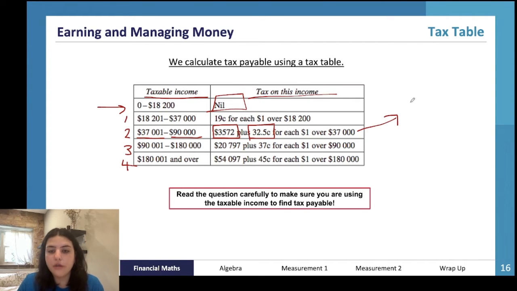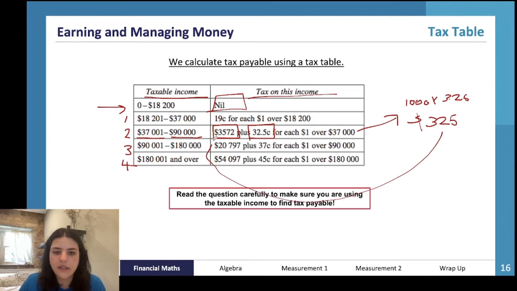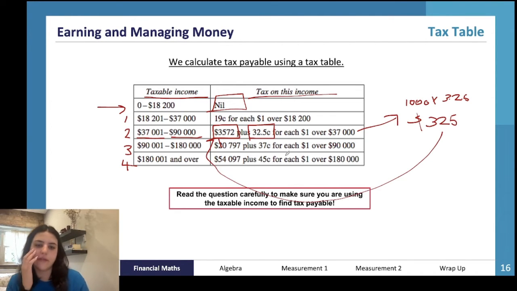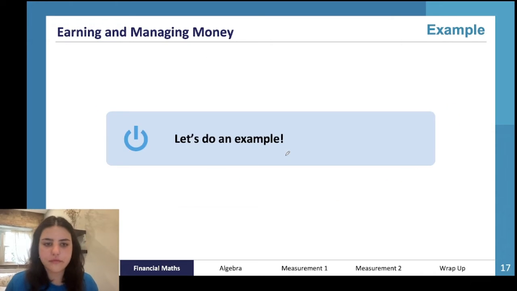So if they earn, let's say, $38,000, you would be doing $1,000, because that's the difference between $37,000 and $38,000, times 32.5 cents, and it would be something like $325 added to $3,572. Okay, so it makes a little bit of sense, hopefully in theory, but let's look at it in practice.